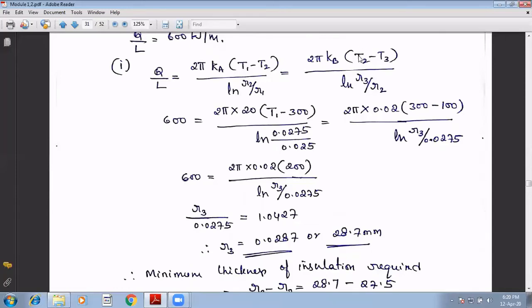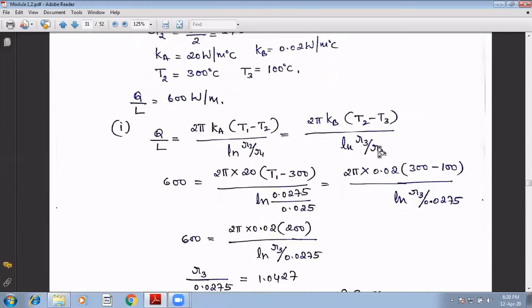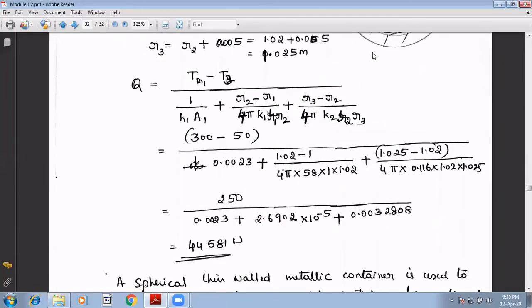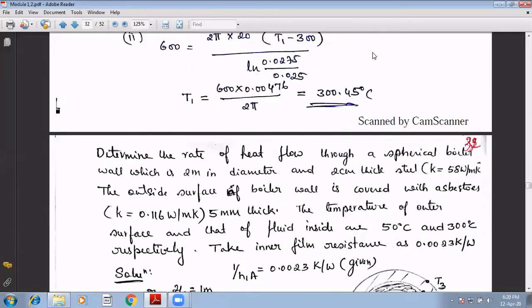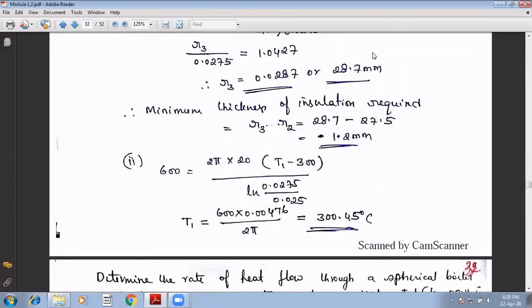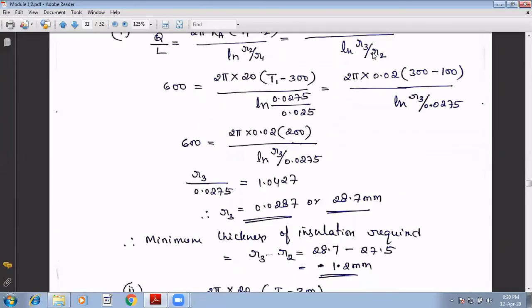Ka is given, Kb is given, T1 you need to calculate. Here T2 is given, T3 is given. So here you can calculate R3 by R2, which gives some value.